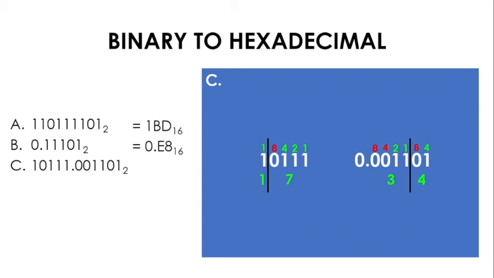So for the whole number part, its equivalent is 17, and for the fractional part, the equivalent is 0.34. The hexadecimal equivalent of binary 1011.001101 is 17.34 hexadecimal.